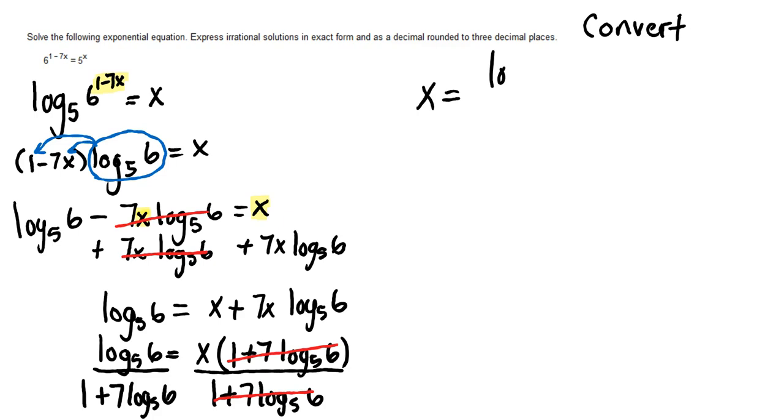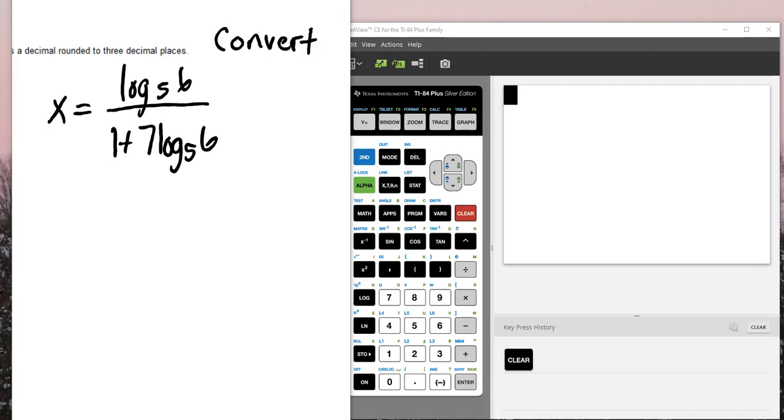X equals log base 5 of 6 over 1 plus 7 log base 5 of 6. Let me get my calculator and we'll type that in to get the decimal approximation. What I have here is the exact value. So I'll type that in my calculator.